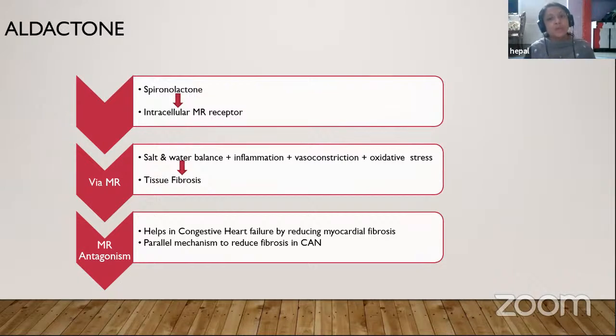It is proven in reducing myocardial fibrosis and hence is used in heart failure. A similar extrapolation to the kidney helps, through a parallel mechanism, in reducing fibrosis in chronic allograft nephropathy. Its use has been extended even beyond CNI toxicity to any chronic allograft nephropathy.